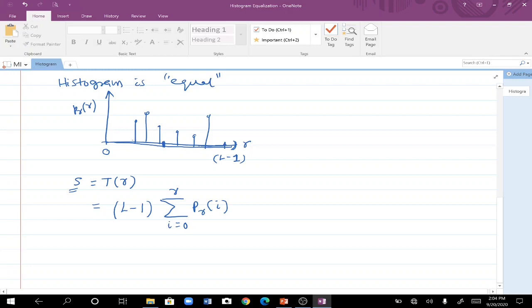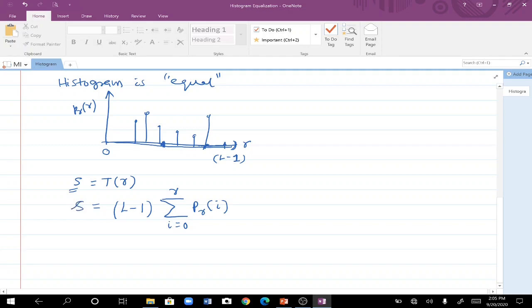So the proportion of pixels having intensities up to that point is 0.5. So this would get mapped to L minus 1 by 2, somewhere in the middle, right? And then when you reach the maximum value here, L minus 1 for example, the sum would go to 1. So that would get mapped to L minus 1.